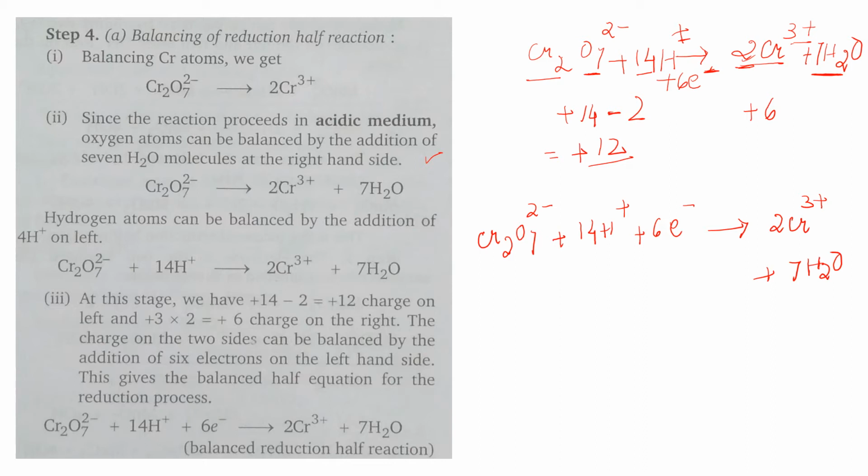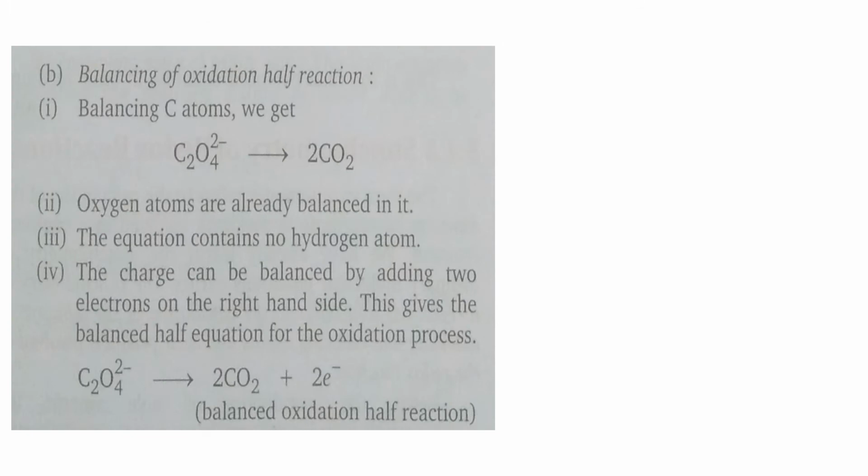Similarly, I have to do it for the oxidation half reaction also. Now, balancing the oxidation half reaction. My oxidation half reaction is C2O4 2 minus giving you 2CO2. Now see whether the carbon is balanced or not.